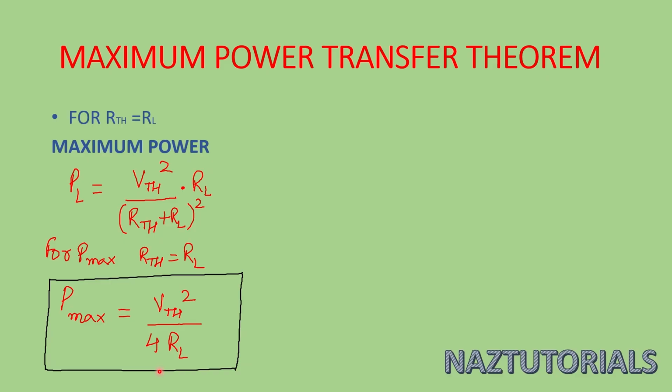Now let's analyze the efficiency if we transfer maximum power to the load. Efficiency of any network can be defined as output power divided by input power. The output power in our load resistance RL is maximum for maximum power transfer, that is VTh square divided by 4RL.